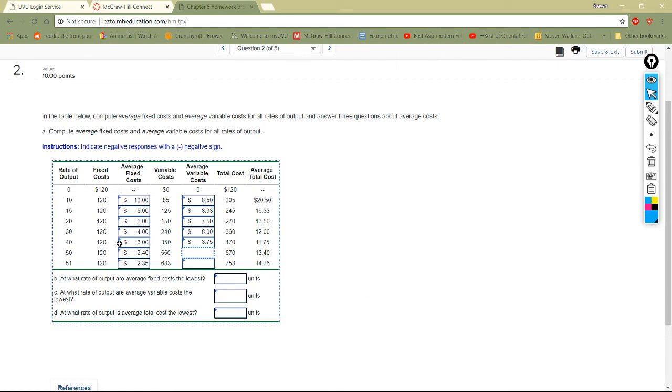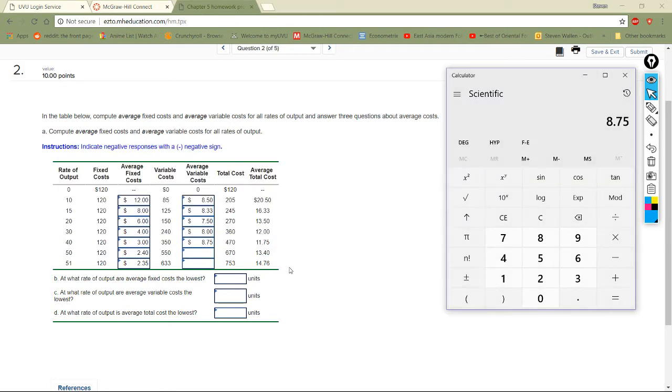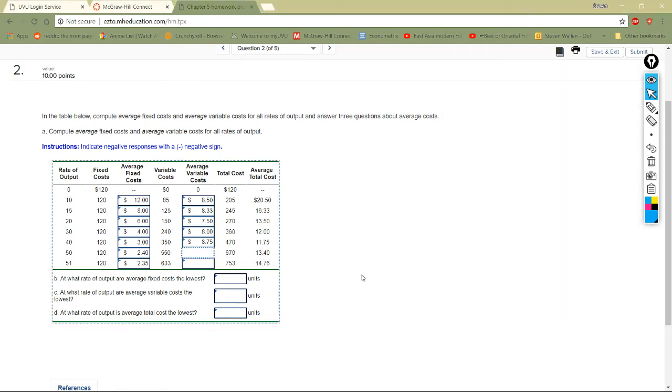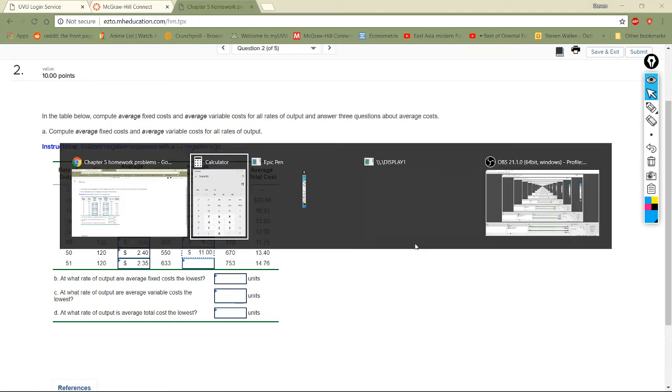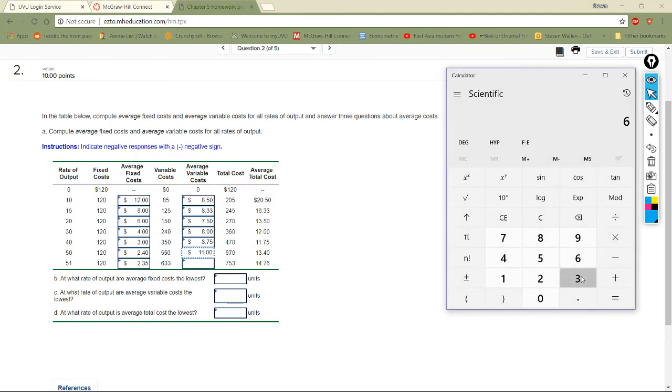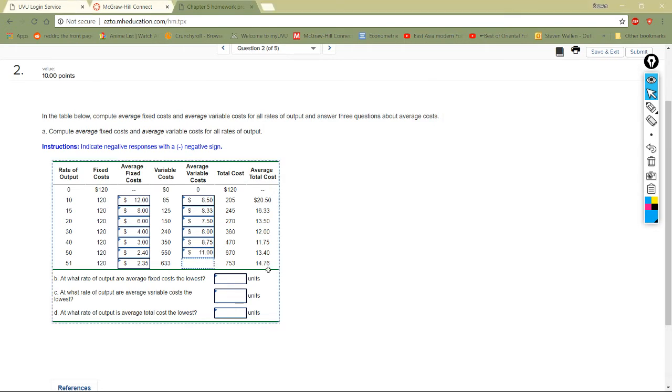The pattern's going to be different than average fixed costs. Look at the pattern over here as far as what we're getting in the numbers. Okay. So here we got 550 divided by 50. Gets us to 11. And lastly, we have 633 divided by 51. 12.41. There we go.